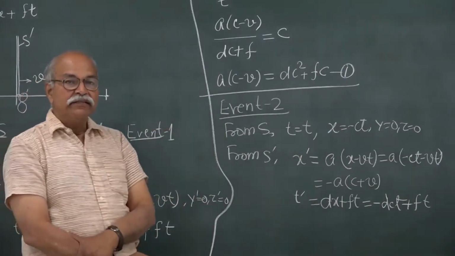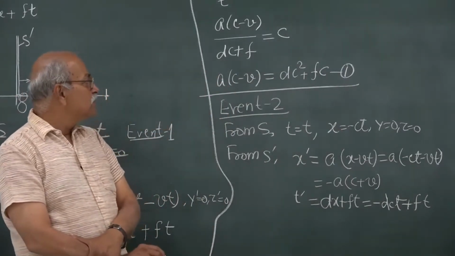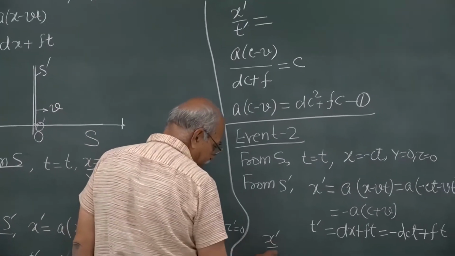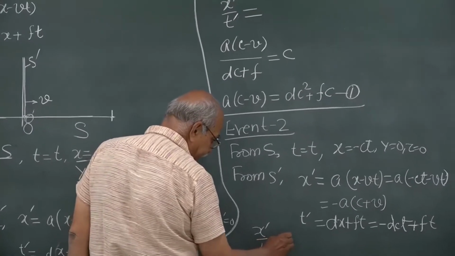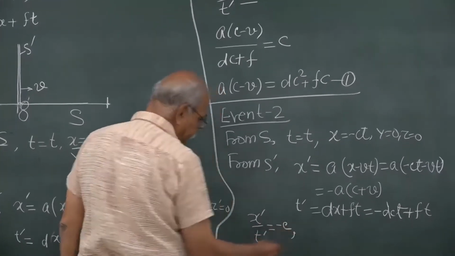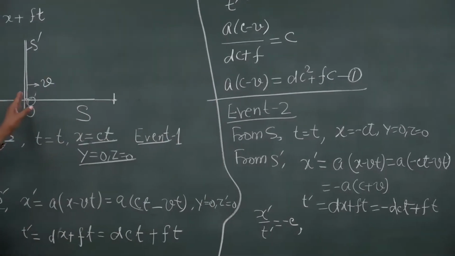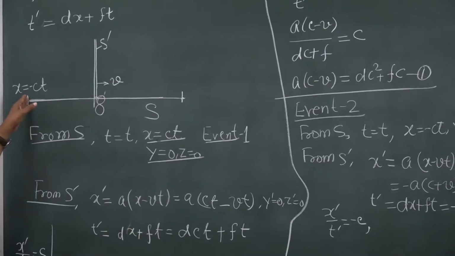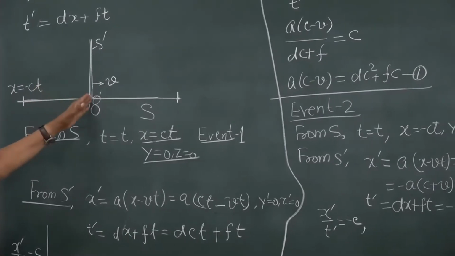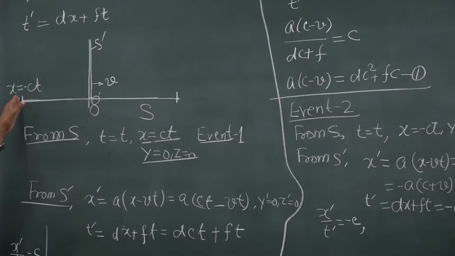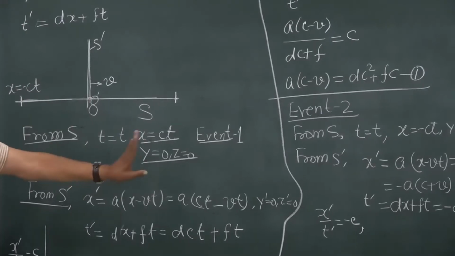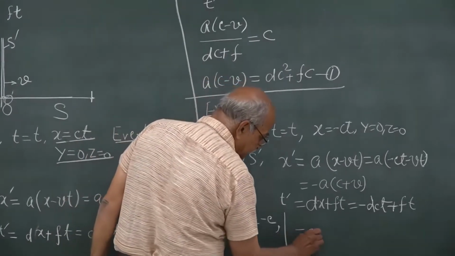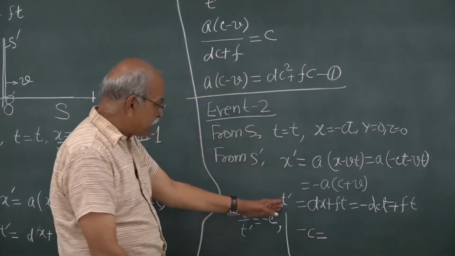And if I divide x prime by t prime, what should I get? I should get minus c, right. x prime is the x prime coordinate of this event and t prime is the time. So, x prime is minus c t prime, and x prime by t prime is minus c. So, you divide here: minus c equal to x prime divided by t prime.